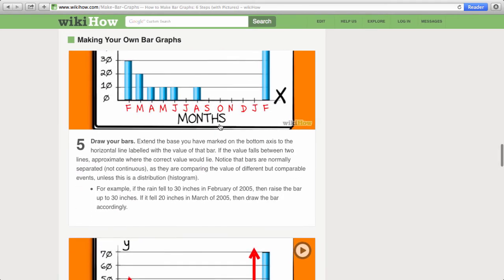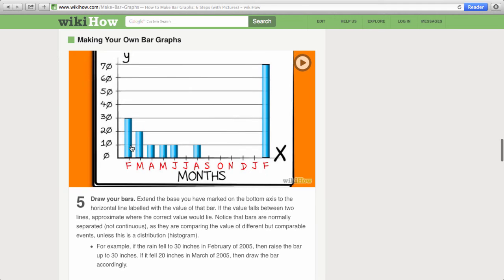And then step number 5 is you're going to draw your bars. Okay, so it looks to me that in February they collected 30 inches of rain. And then in March, there were 20 inches of rain. Okay, so for yours, you would say, okay, Mercury is on your sheet.